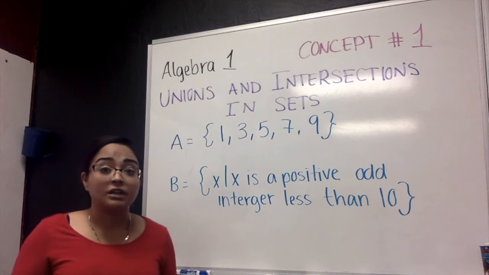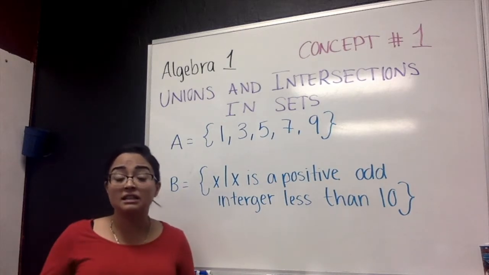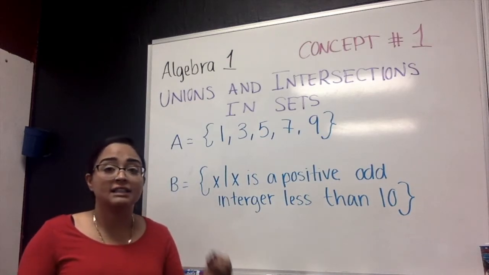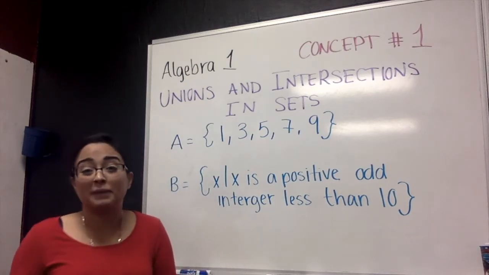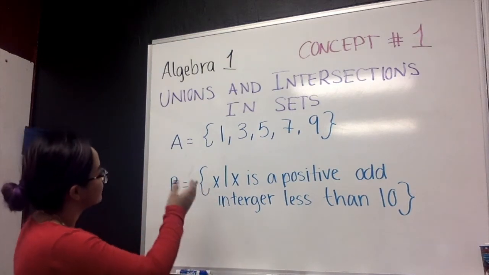And remember, there can also be disjoint sets, which means they have nothing in common, or they don't have anything to join them or make them a set in layman's terms.